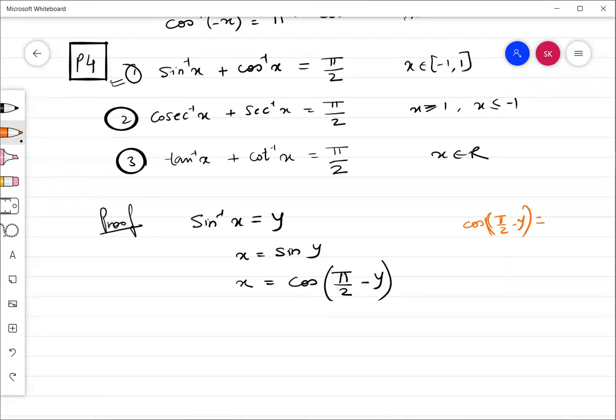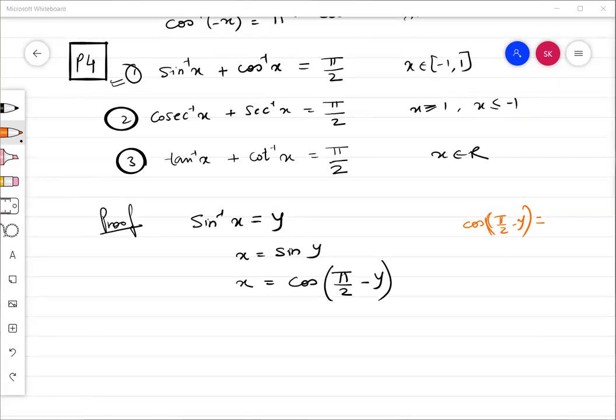I don't know. Okay, anyone? Open to all now. Whenever we see pi by 2, we think of what?